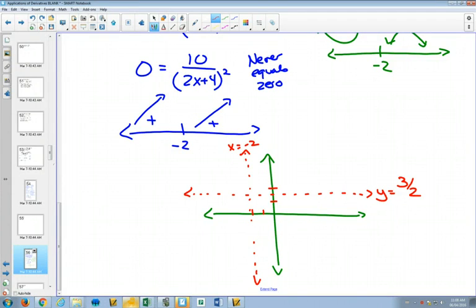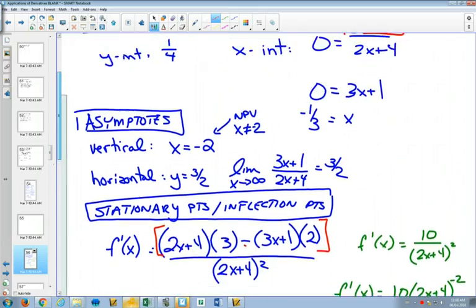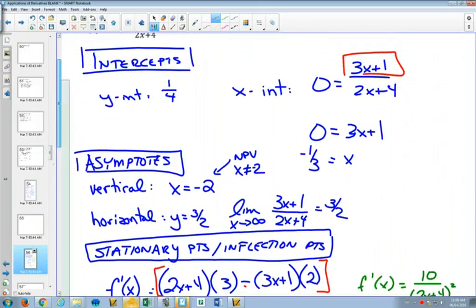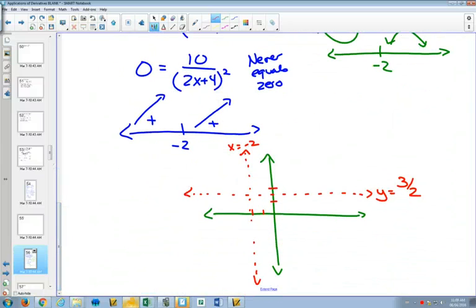I figured out my x-intercept and y-intercept right from the beginning. So if we scroll up just to see what those values were, our x-intercept was -1/3 and our y-intercept was 1/4. So our y-intercept is at 1/4, so we can label that 0, 1/4. And -1/3, 0 is our x-intercept.